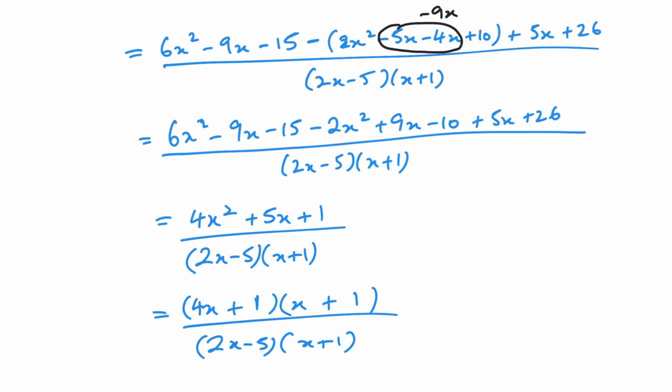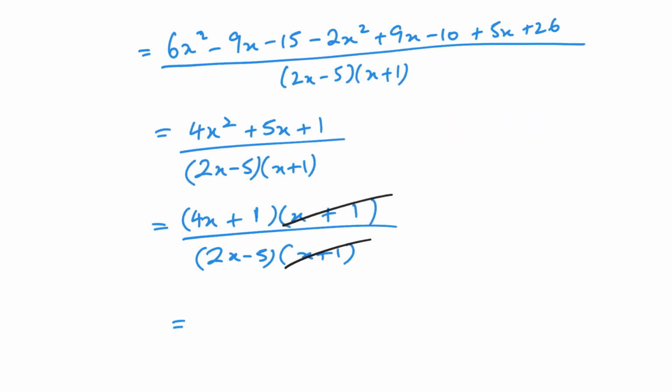Now you can see the x plus 1s cancel, leaving me with my final answer, which is 4x plus 1 over 2x minus 5. Where you can now see that A is 4, B is 1, C is 2, and D is negative 5.